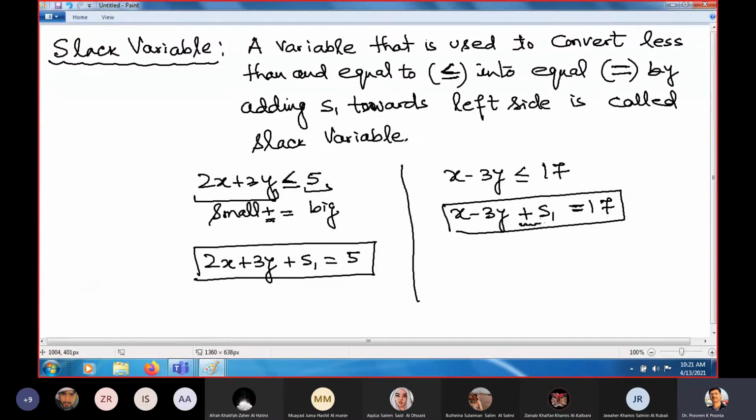And my dear friends, if you are making plus, clear, then these are called slack variables. Slack variables are those variables that are used to change less than and equal to inequality into equal by adding some variable plus s1.